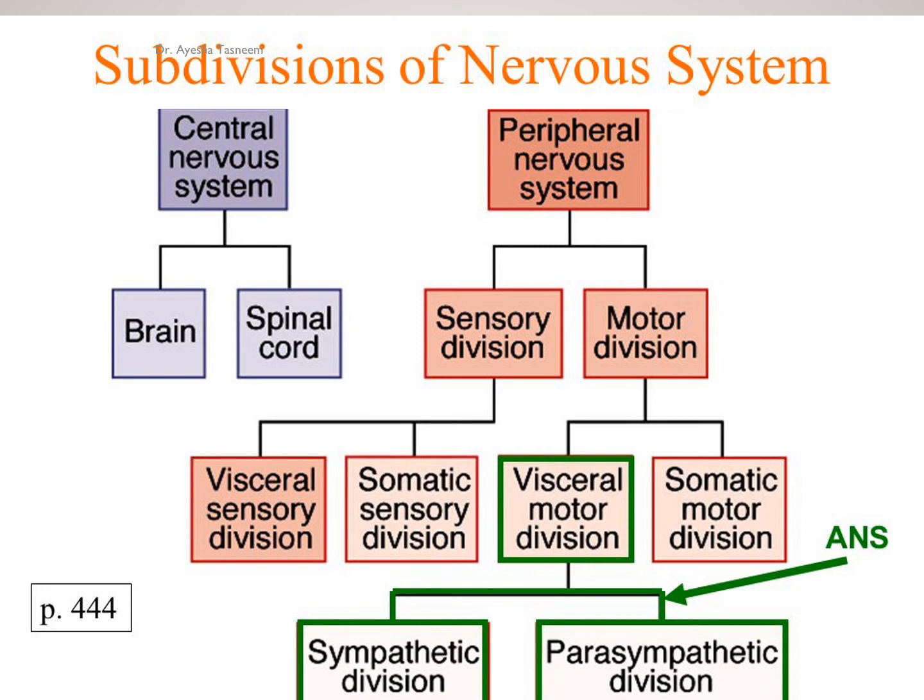There is the peripheral nervous system that has two divisions, sensory and motor. The sensory division is divided into visceral sensory and somatic sensory divisions, and then the motor division is further divided into the visceral motor division, which is further divided into sympathetic and parasympathetic, that constitutes the autonomic nervous system, and the motor division has another subdivision, the somatic motor division.